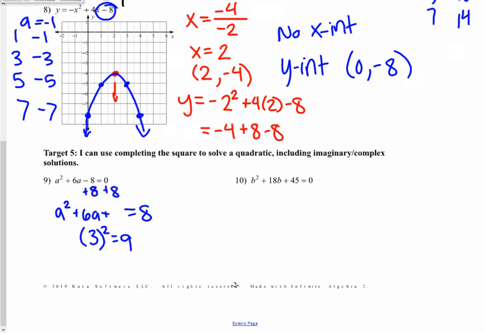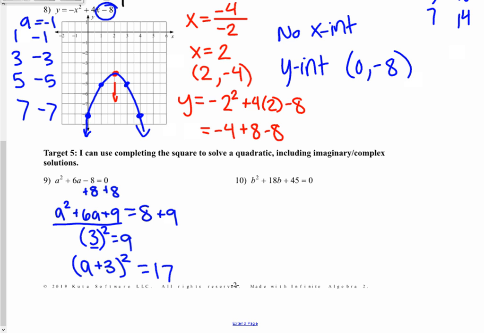That's the little square that we had to add to the one side and the rectangle we added to the other. Now I can rewrite this as my binomial squared, always our variable. Whatever your middle number was divided by 2, in this case a positive 3 squared, that gave me one side of the square, and that equals 17.